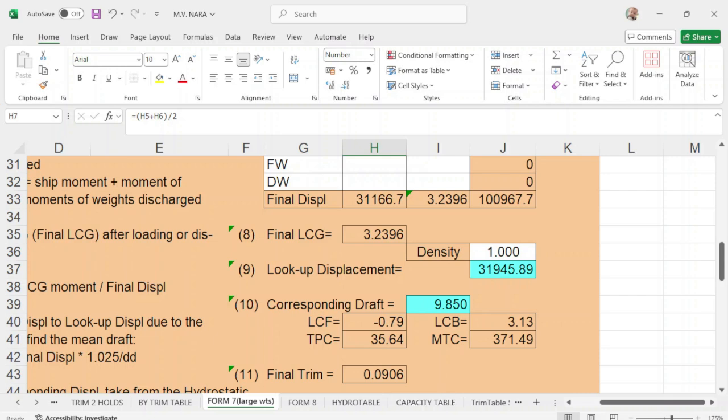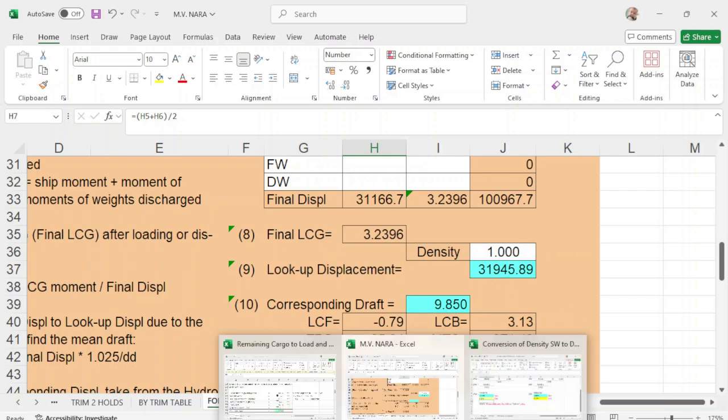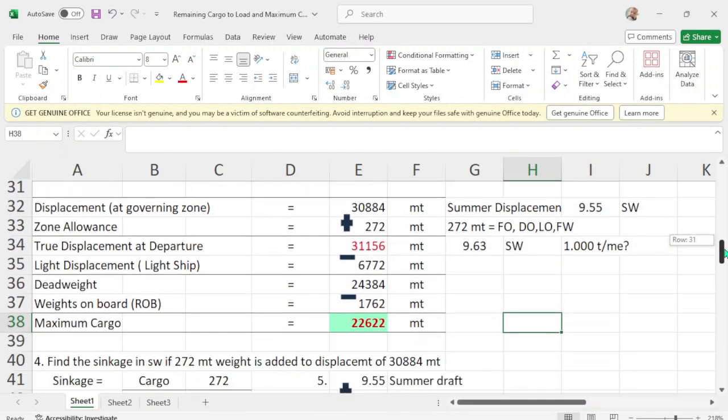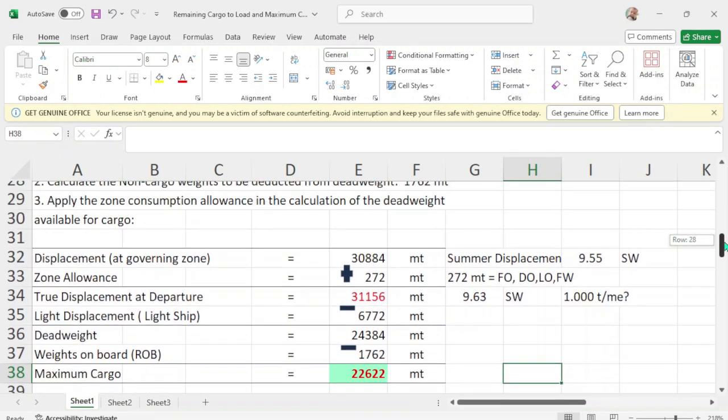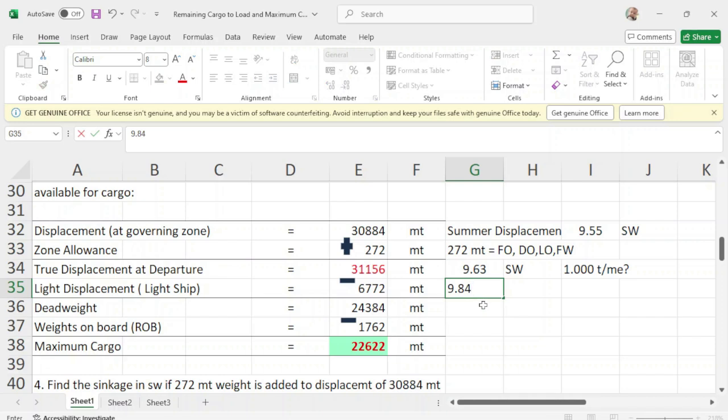So that will be 9.85. This will be 9.85.